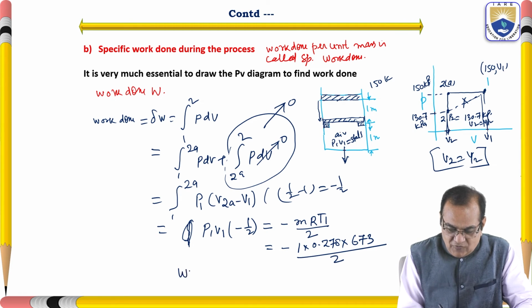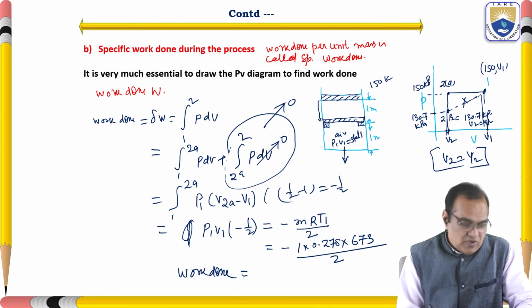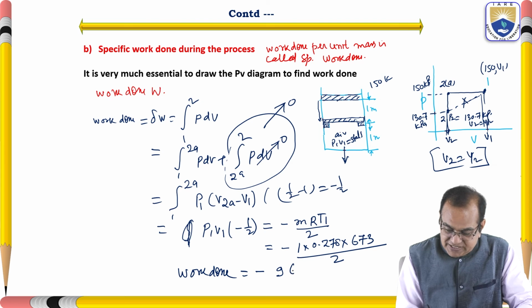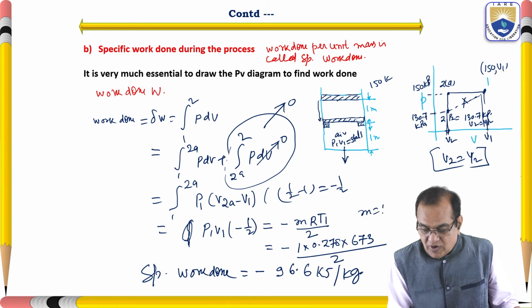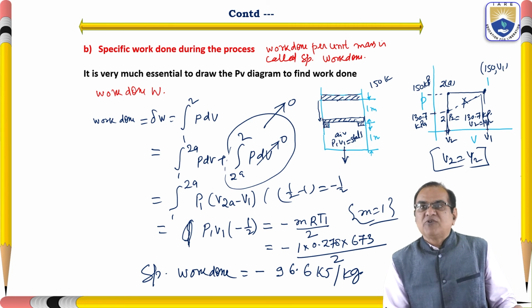So you will get the work done is equal to minus 96.6 kilojoule per kg. So this is a specific work done, because for per unit mass, here m is equal to 1.